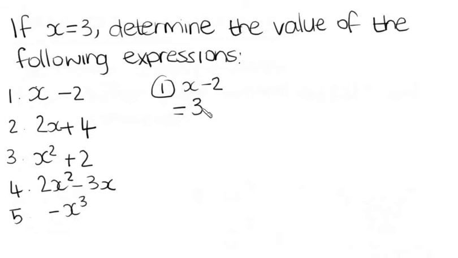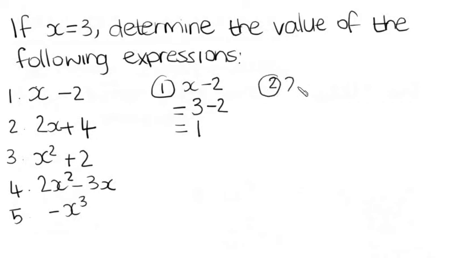Okay, because there is nothing, there's no coefficient in front of x here, there's no exponent, so it's really not necessary for me to put it in brackets because there's nothing you need to multiply it with. Okay, so I have 3 minus 2. Okay, that's pretty straightforward. 3 minus 2 gives me positive 1. Great. Let's look at number 2.